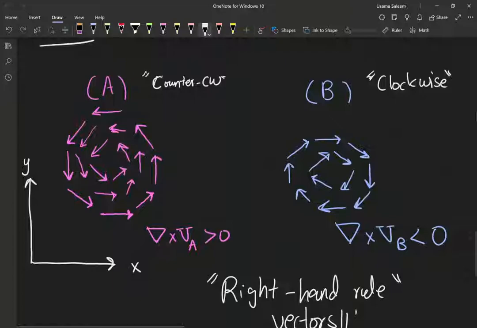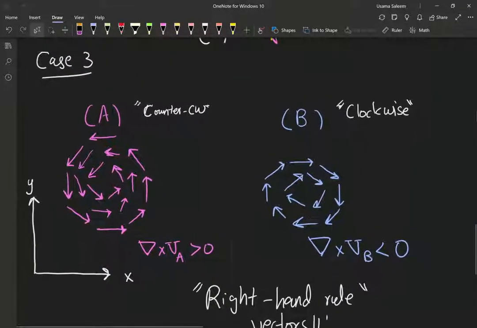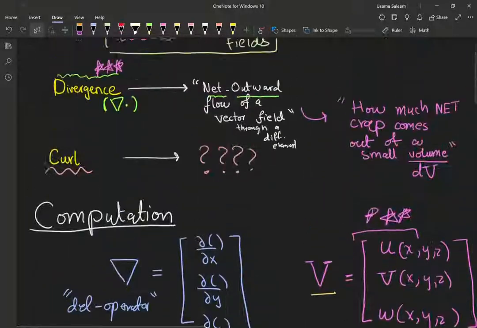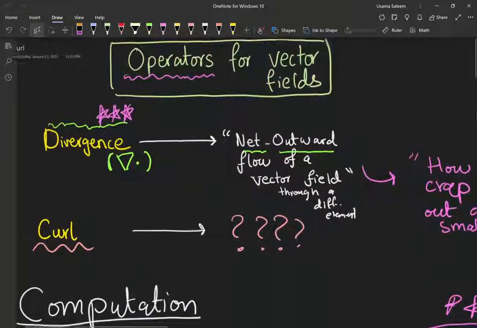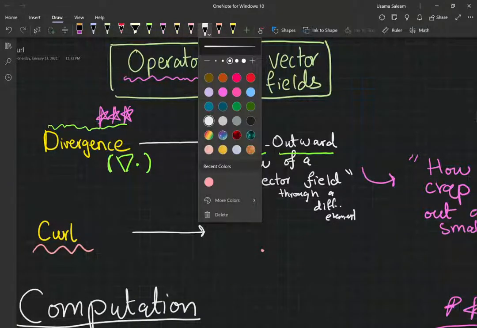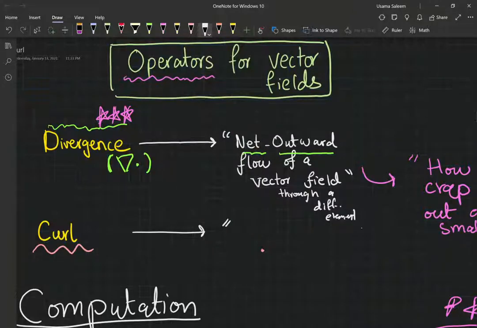Right hand rule, vectors. Okay, so by now we have explored curl in some detail, right? And let's see if we can update our discussion. How am I going to update this? Well, I'm just going to say that curl is a measure of the rotational tendency of the fluid, of the vector field.